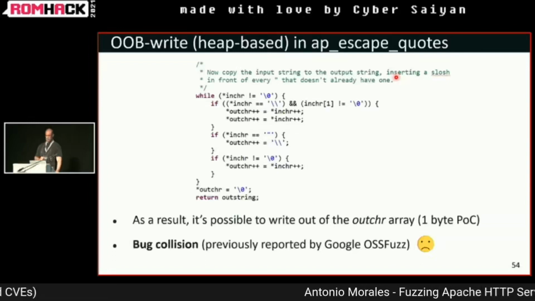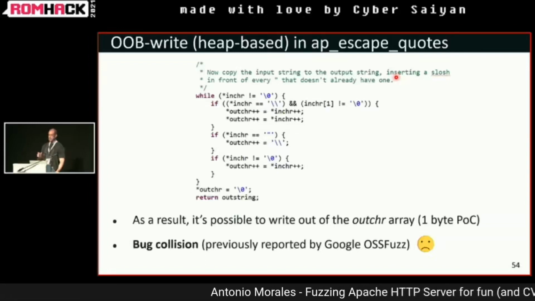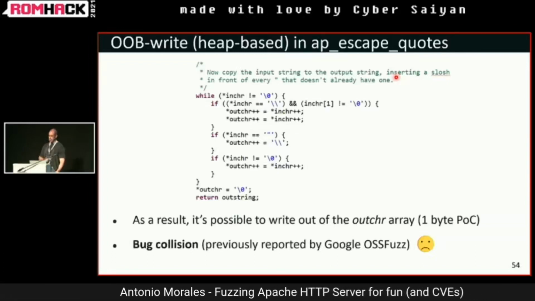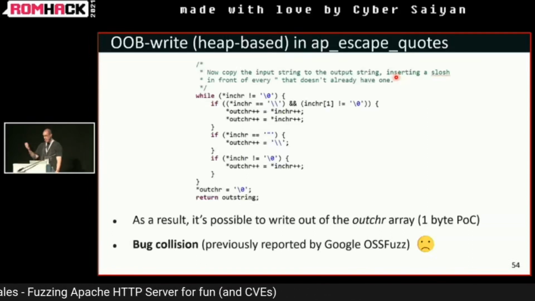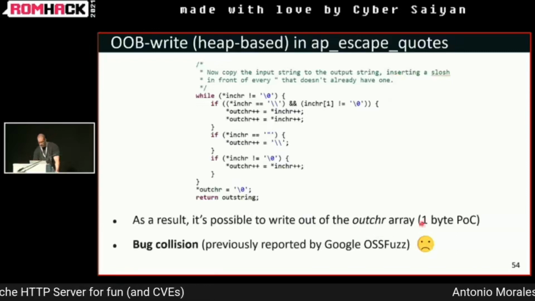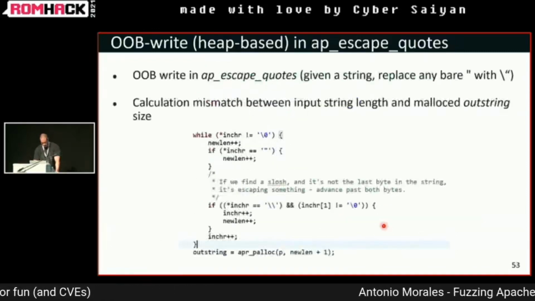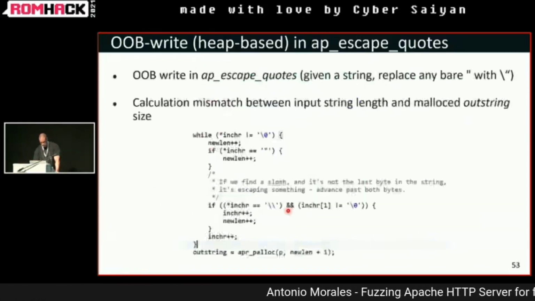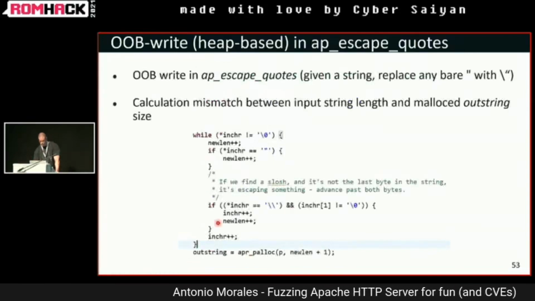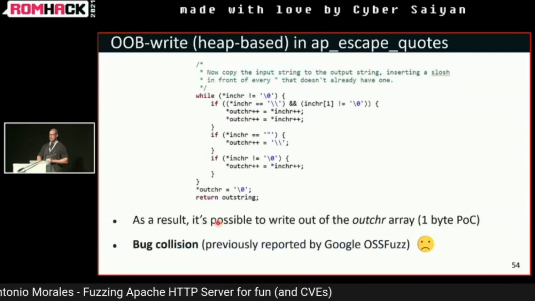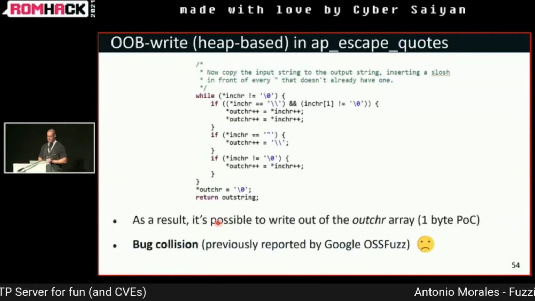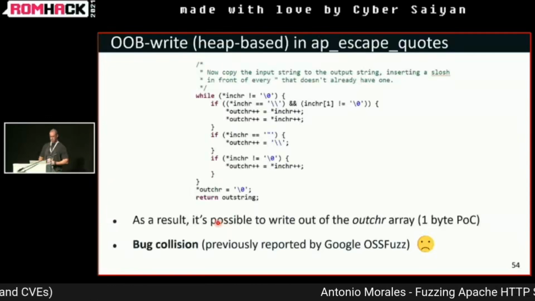As a result, if we provide a malicious input to the escape_quotes function, it's possible to write out of the outchar array, that is, a pointer to the outstring array. Unfortunately, this bug was previously reported by Google OSS-Fuzz just a few days before I found it. So it was a bug collision.